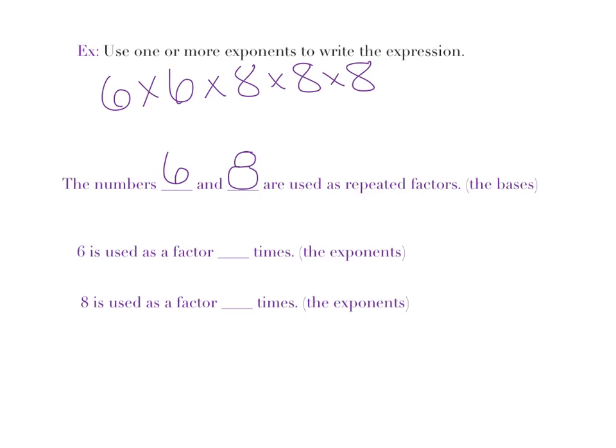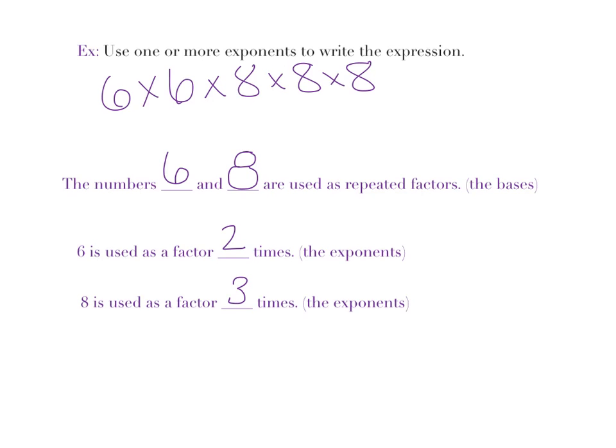6 is used as a factor how many times? Once, twice, so 2 times. Or 6 to the second power. Another way we can say this, a special way, is 6 squared. You'll hear that a lot. If it's to the second power, it's also called squared. Now, 8 is used as a factor how many times? 1, 2, 3 times.